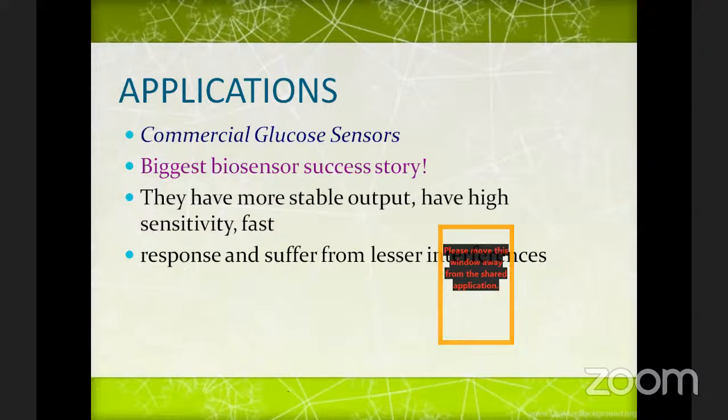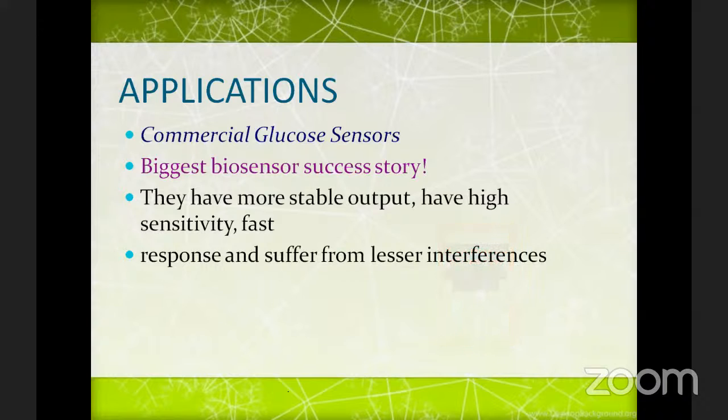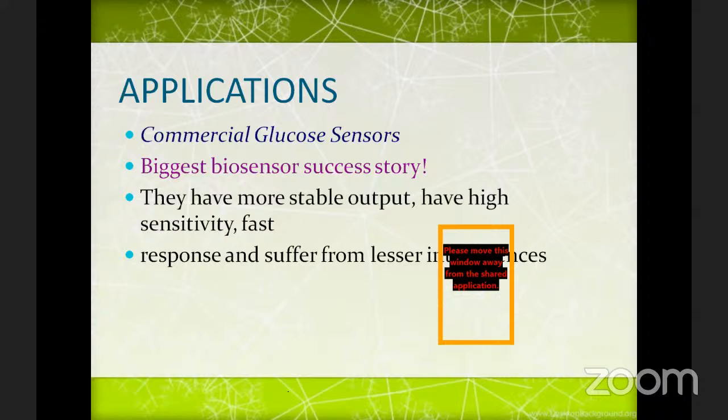And this glucose biosensor became popular after the invention of Clark's microelectrode. This Clark microelectrode was invented by the famous scientist Clark, who used an electrode for finding the oxygen concentration in a dissolved liquid.